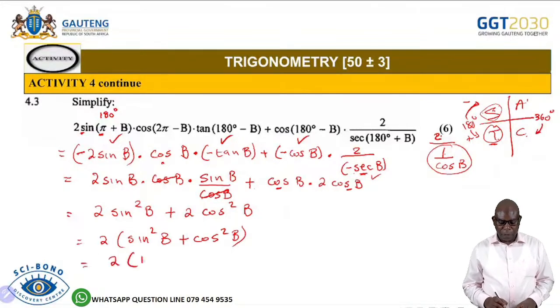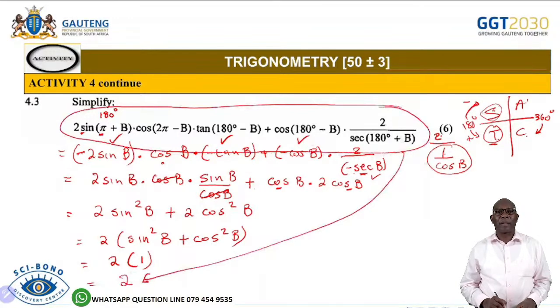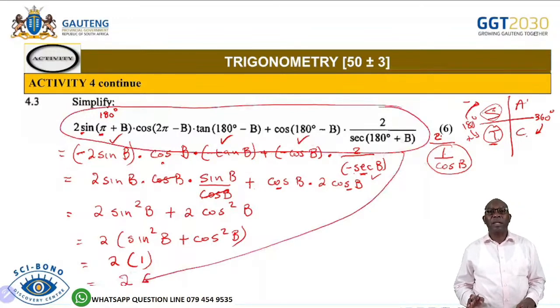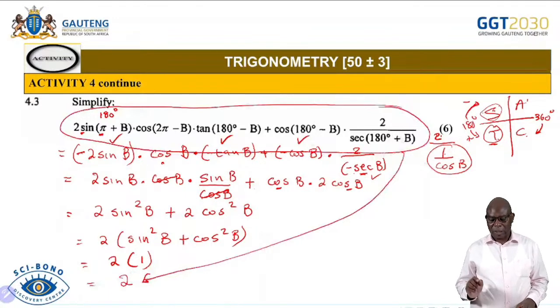So there's the famous one in our mathematics, and that answer will be 2. So can you see the whole thing that was given is nothing else but 2. Okay, I didn't substitute anything. I substituted the pi with 180 degrees, but I did not substitute the value of b. I don't have decimals, so that answer is exactly equal to 2. Right. Okay.